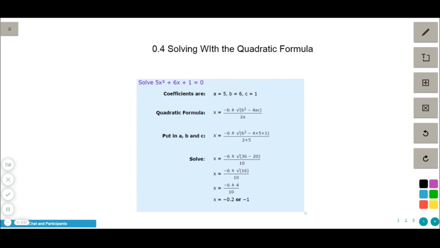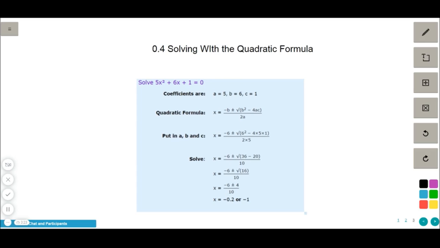And you do plus and minus, square root, then bracket, then you replace b with the 6, then you put the squared on it because that was in the formula, then subtract 4 times a, which is 5, times c, which is 1, then bracket complete, and divided by 2a, which is 2 times 5.